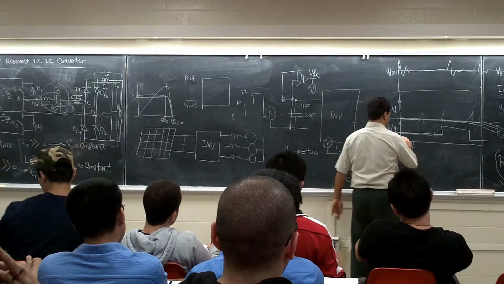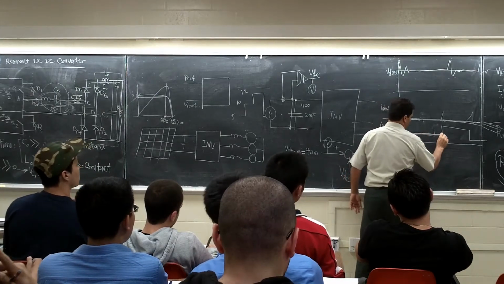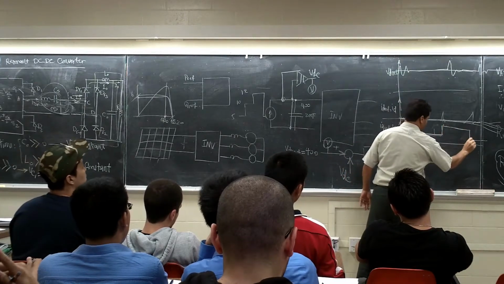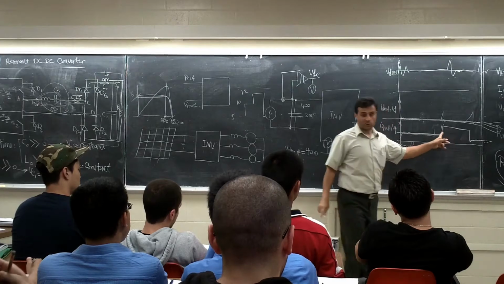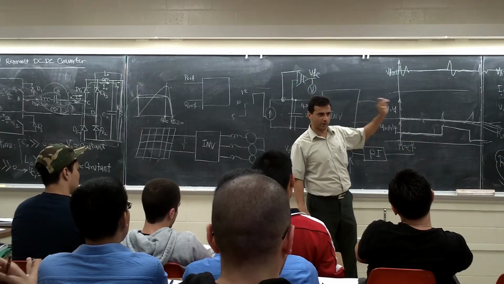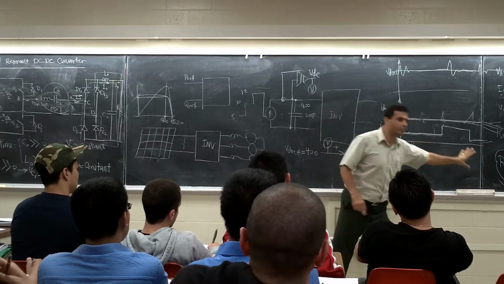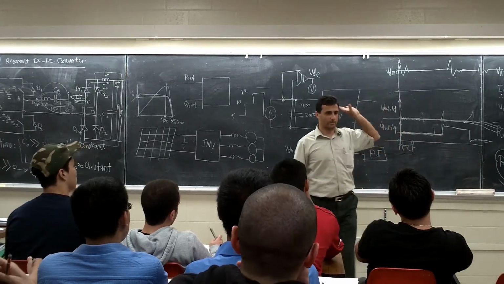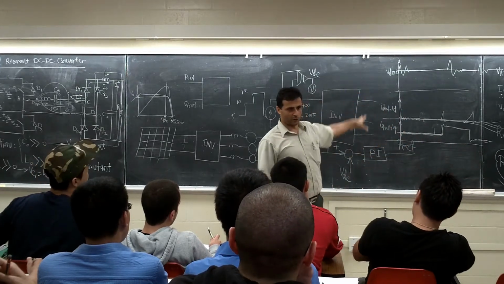So now you should see something like this. This is something you need to check. Whenever I simulate this, I go check, look at my ID, ID ref, IQ, IQ ref. Because if these two are not working, then maybe nothing is working, right?